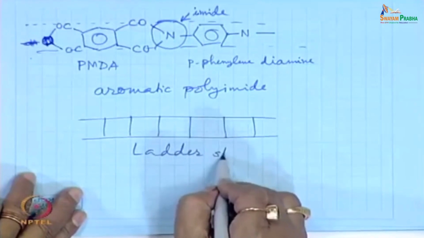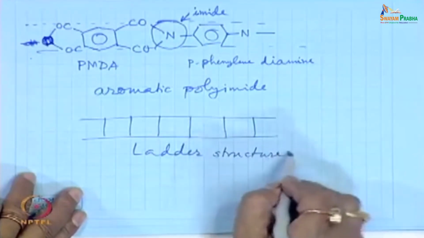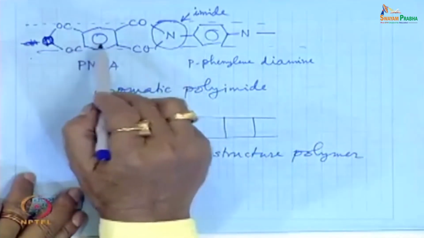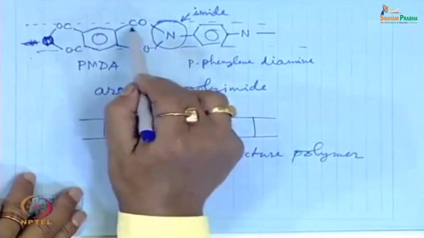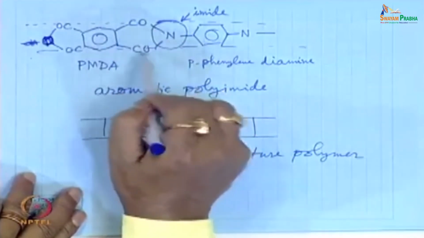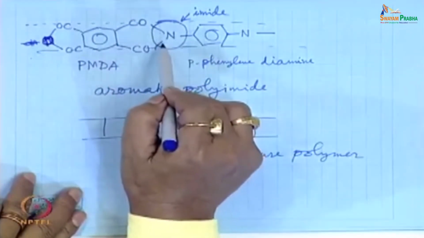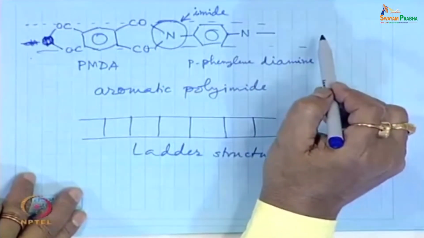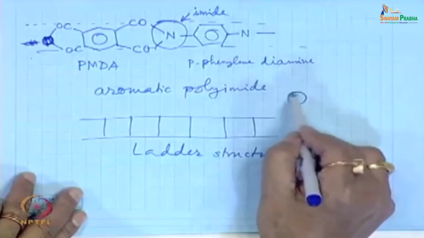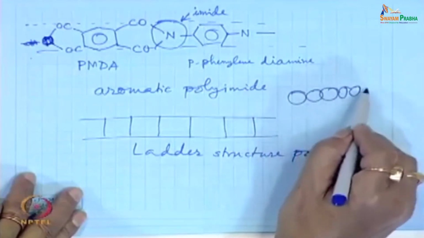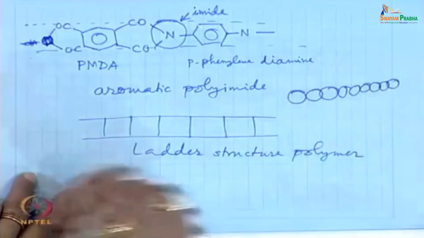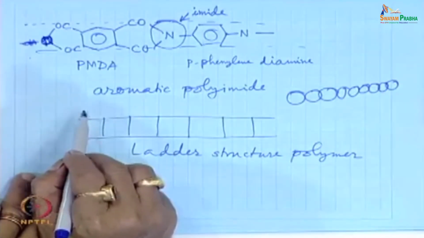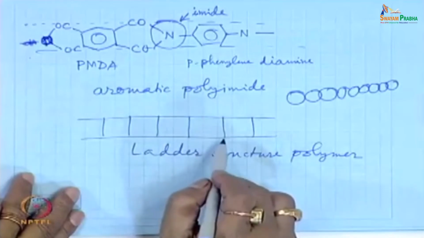Linker molecule means, you see, this is a phenyl ring, this is an imide ring, phenyl ring followed by imide ring, followed by phenyl ring, followed by imide ring, followed by phenyl ring. Okay, multi-strand polymer or double strand polymer.